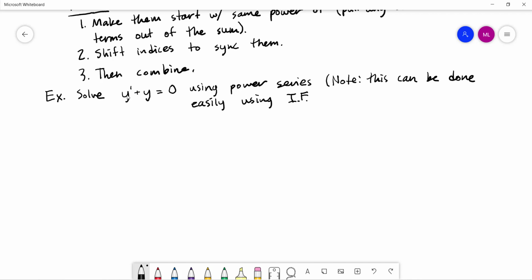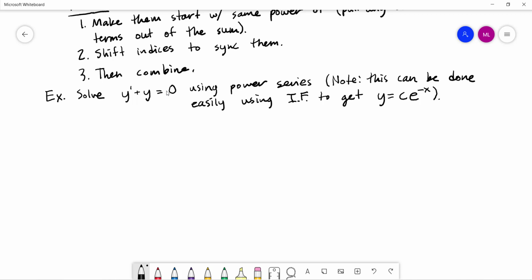Essentially, in this case, I guess, negative exponentials. So if y was e to the negative x, then y prime will be negative e to the negative x. We'd add them together and get 0, right? So we get something like this. y equals some constant times e to the negative x. That's what we should wind up with here.